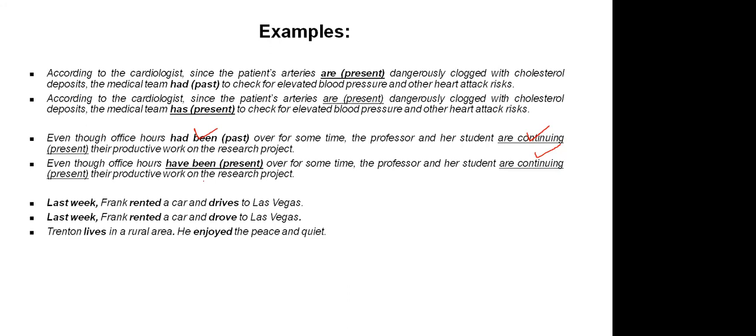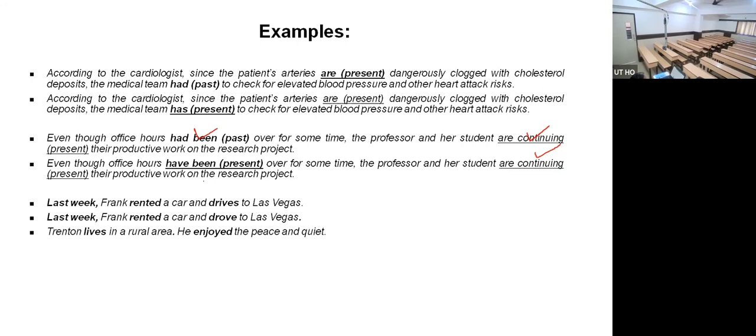Trenton used to live or lived in a rural area. Okay, we can do that. He lived in a rural area. He enjoyed the peace and quiet. Or alternatively, we can change the tense of the second sentence to present. Both ways would be correct.